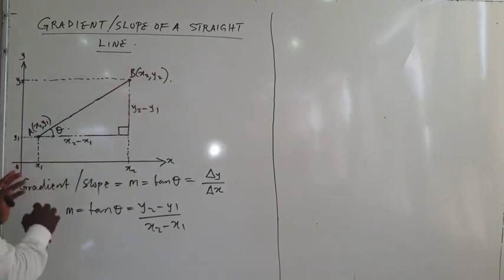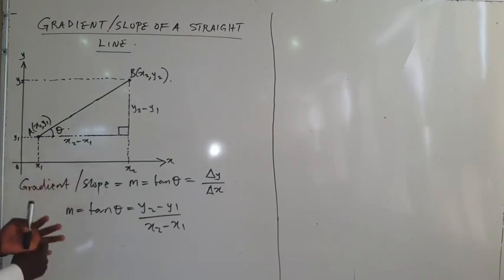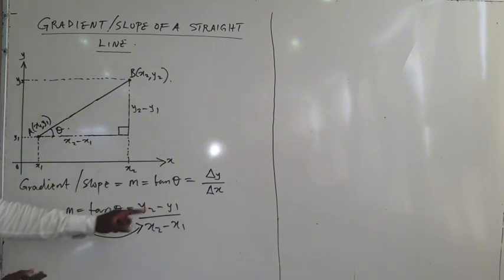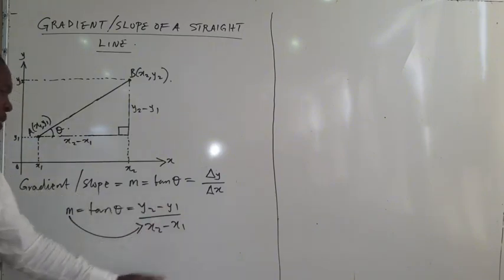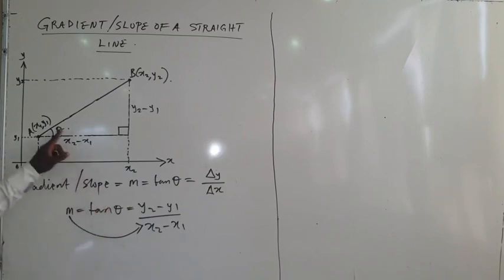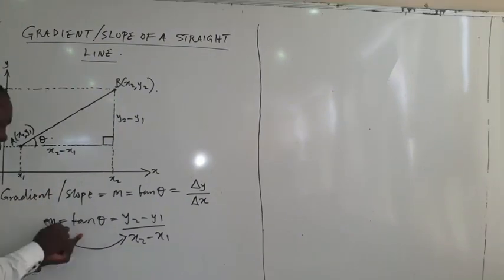If you are looking for the gradient when the 2 points are given, you use m equals y2 minus y1 over x2 minus x1. But if you are looking for the gradient and you are given theta, the angle that the line forms with the x-axis, you use m equals tan theta.